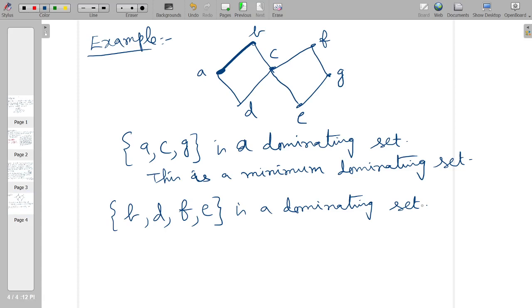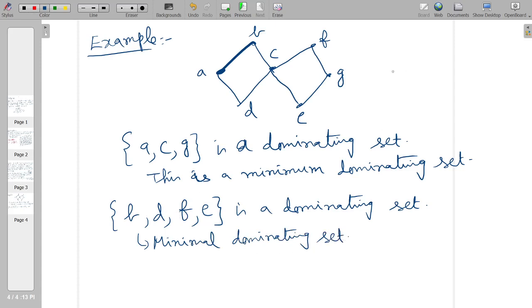If I remove B, then D, F or E does not dominate B. If I remove D, then B, F, E do not dominate D. So if I remove any one vertex in this set, it ceases to be a dominating set, and therefore this is a minimal dominating set.